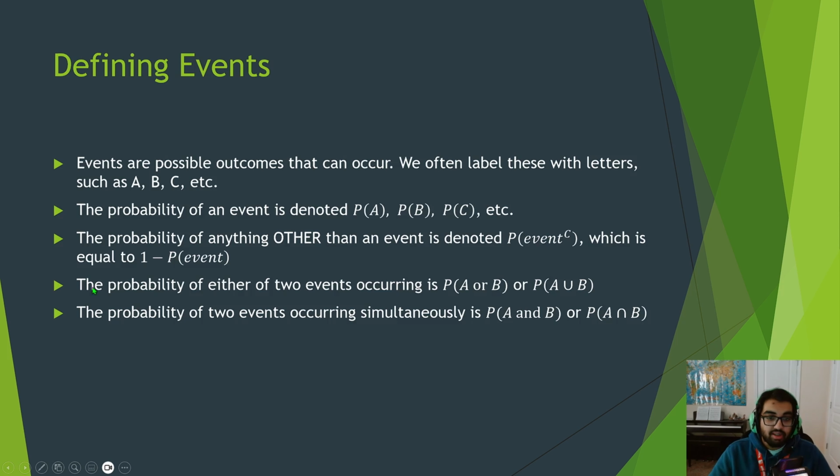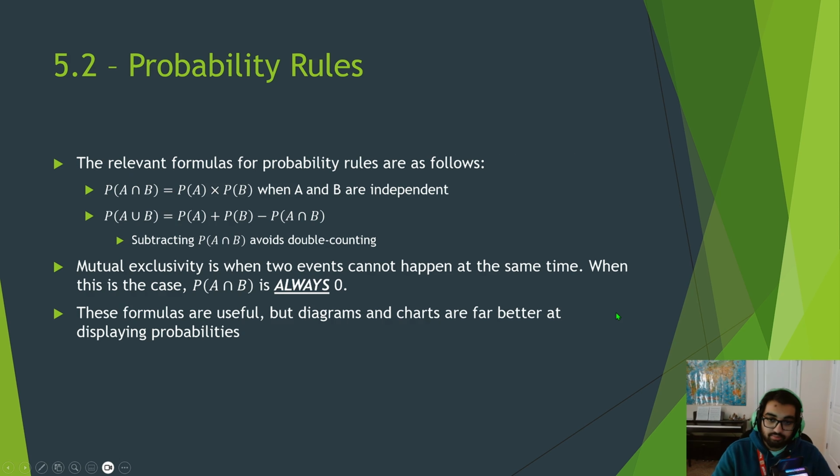And the probability of either of 2 events occurring is P of A or B, which is written with this little u, and the probability of 2 events occurring simultaneously is P of A and B, which is written with this upside down u. So, some relevant formulas that might be good to know: the probability of 2 events occurring is the probability of A times the probability of B when A and B are independent.